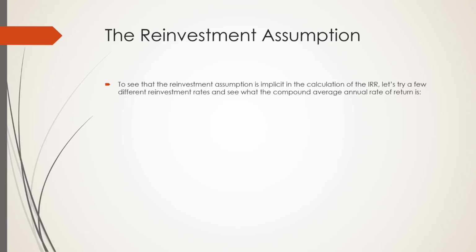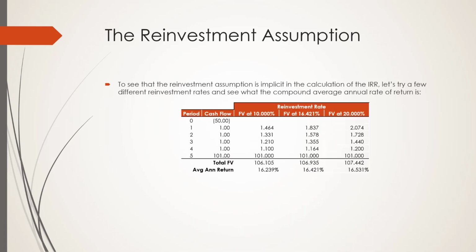So this reinvestment assumption, let's see how that works. We have an investment, and we're going to invest at 3 different reinvestment rates. So here's the table. This is our investment, the same one that we've been looking at. You spend $50 to buy a stock, and then you get cash flows of $1 each year for 5 years, and then you sell it for $100.